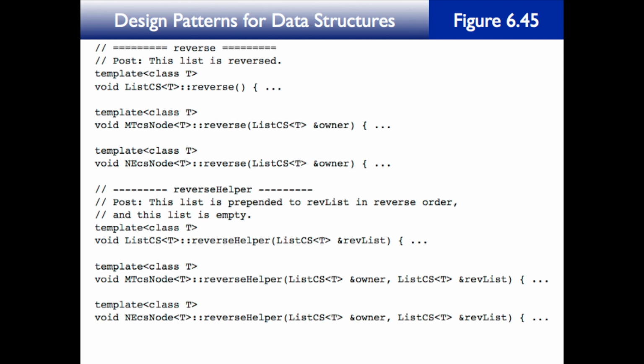So now reverse, the last method that we're going to describe in this screencast, in figure 6.45. Here again, reverse has a helper. The details of the algorithm for reverse are given in the text in chapter 6.